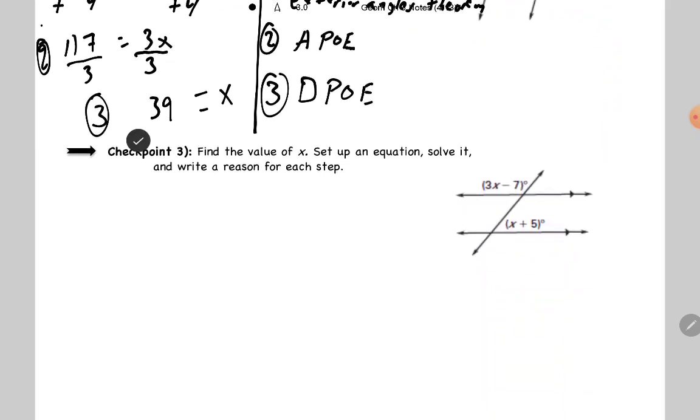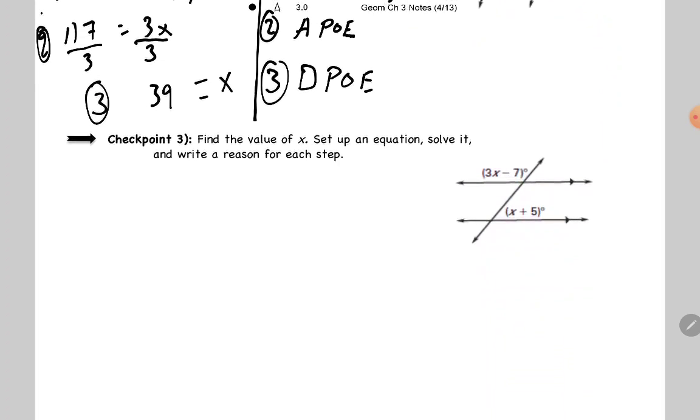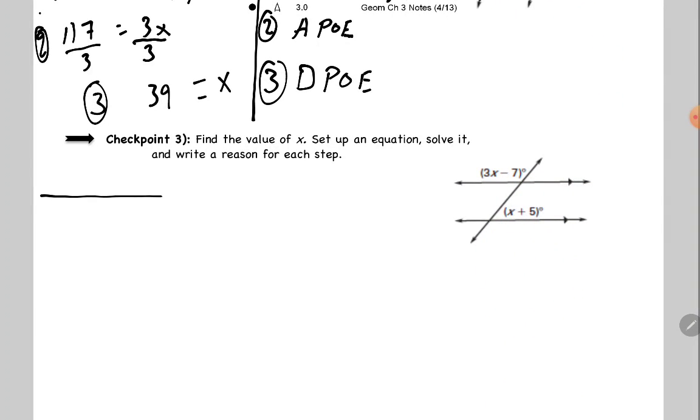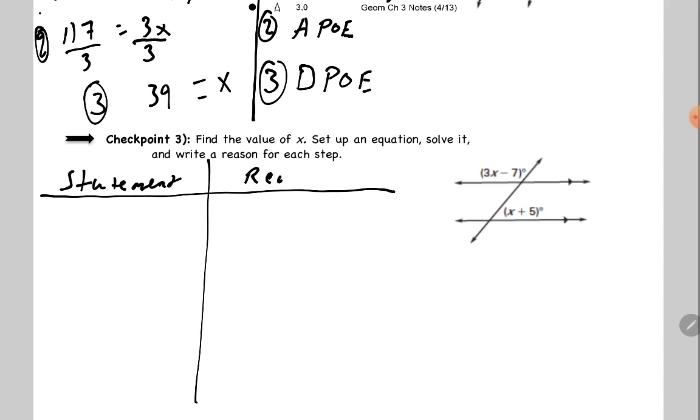Alright, find the value of x, set up an equation, write a reason for each step. So, statement, reason. Statement 1. Now, normally I said you would start out with your given.